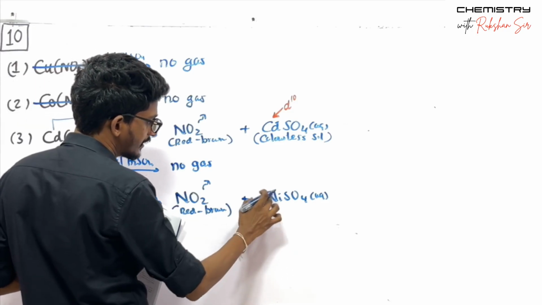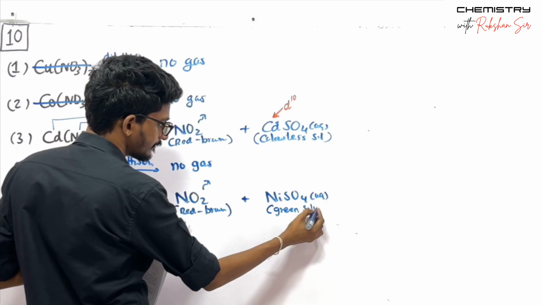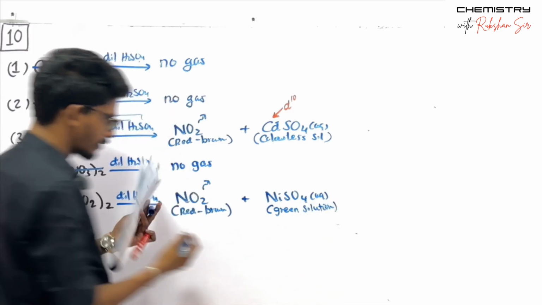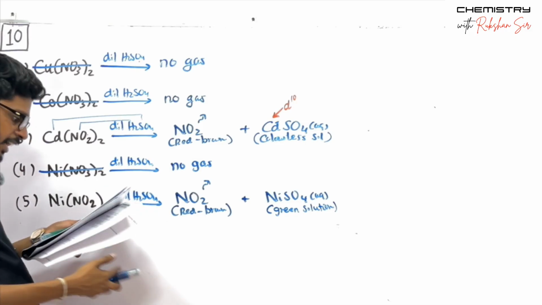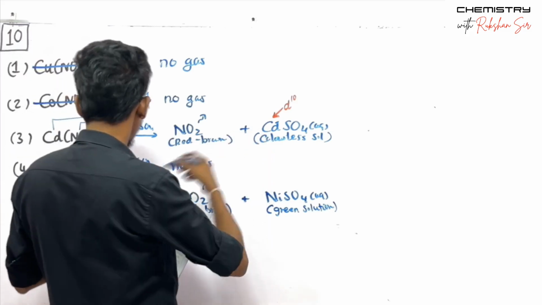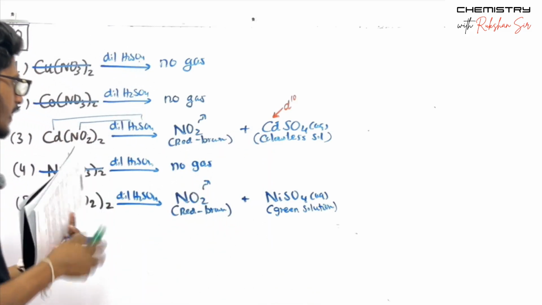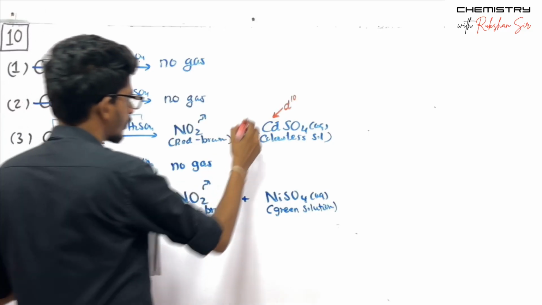It is a d-block cation. That color is green. So what they are saying is dil. H2SO4 produces a colored solution and a brown gas. This is also out. Colored solution.